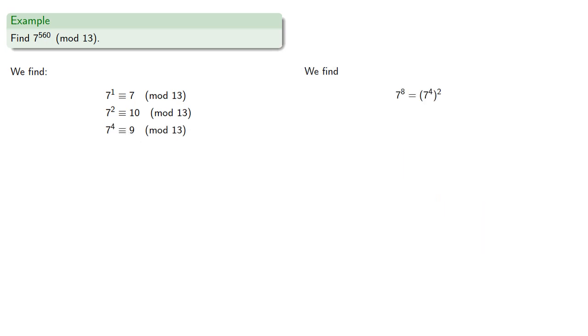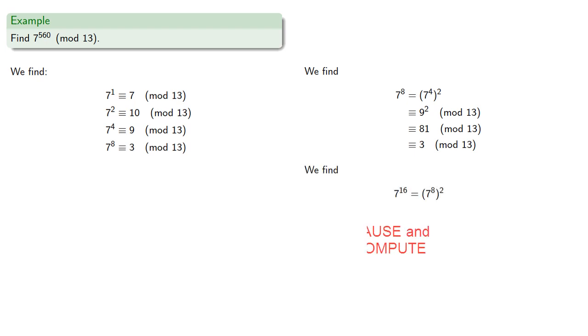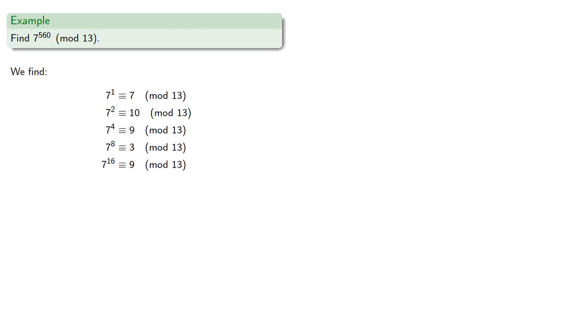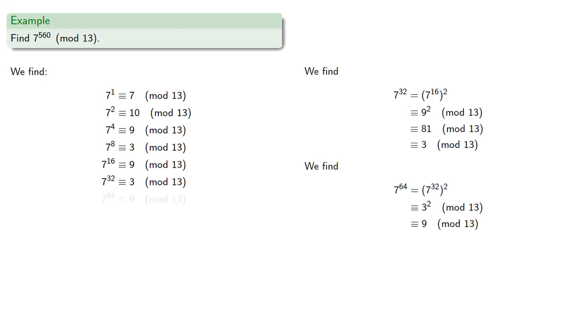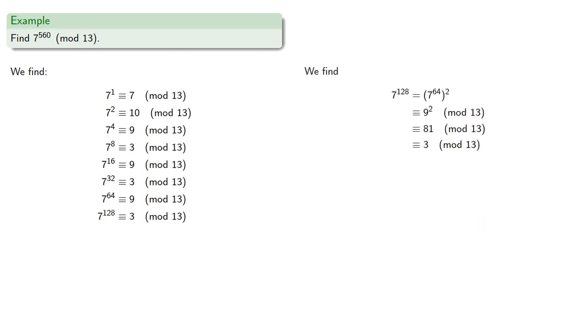7 to the 8th is the square of 7 to the 4th. We know that 7 to the 4th is 9, so this will be 7 to the 16th is 7 to the 8th squared, which will be 7 to the 32nd, 7 to the 64th, 128th, 256, and 512.